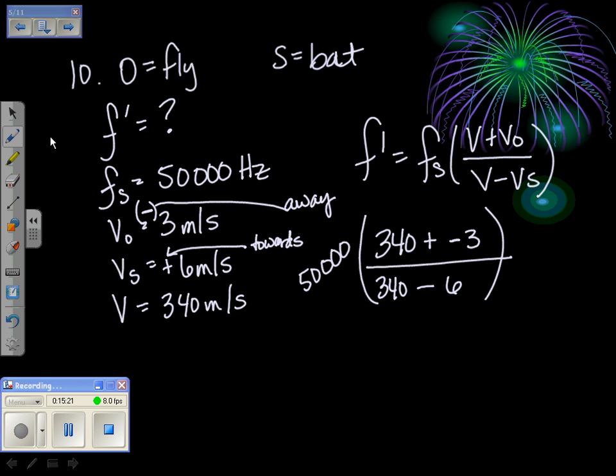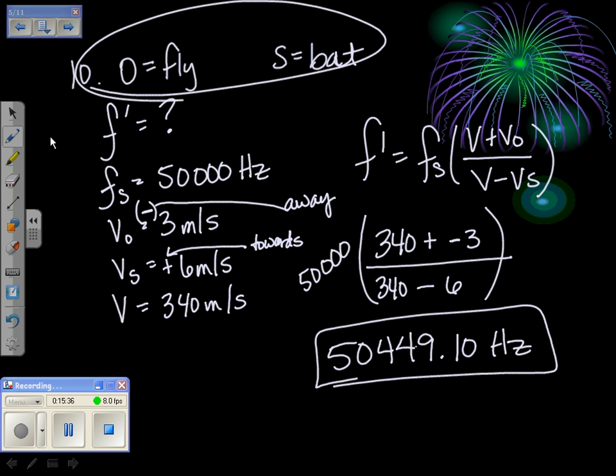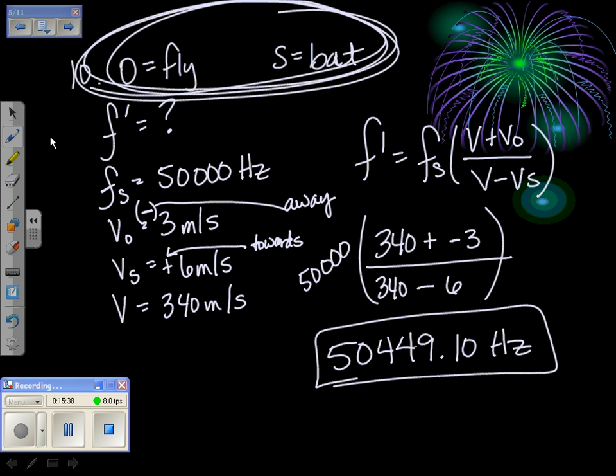When you work that out, you should get 50,449.10 hertz. Again, the most important part is to identify your source versus your observer.